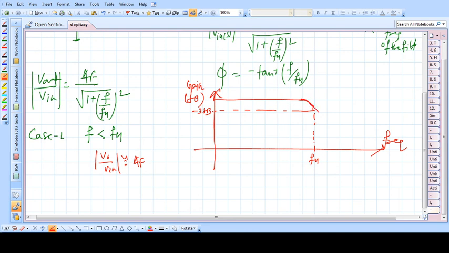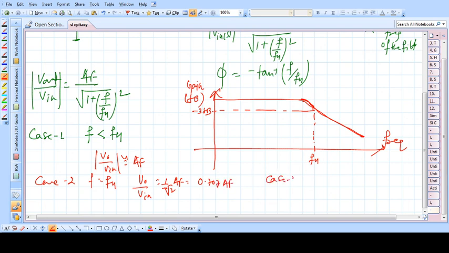At F equals FH, the value is 1 by root 2, so the corresponding gain is minus 3 dB. After that it will drop down. Case 2: F equals FH, then V output by V in is 1 by root 2 times AF, that is 0.707 AF.